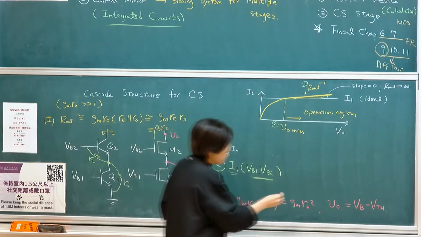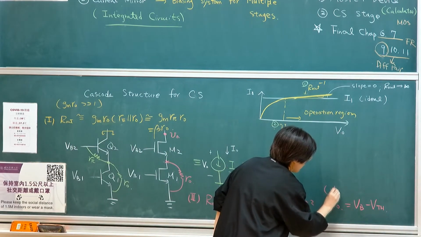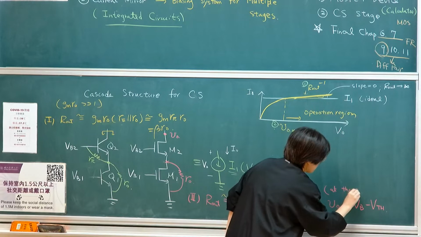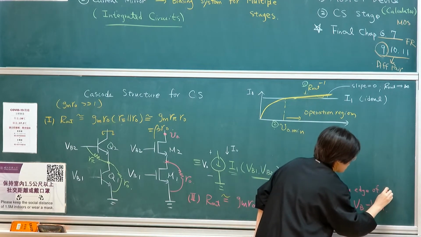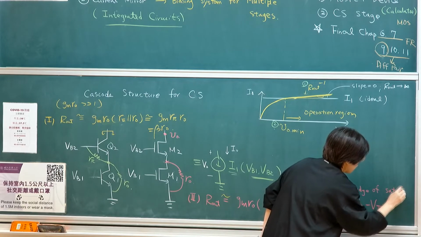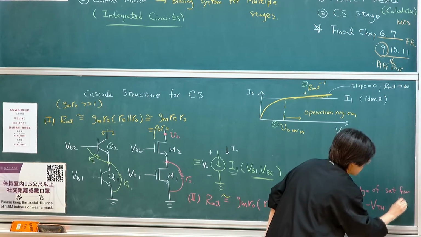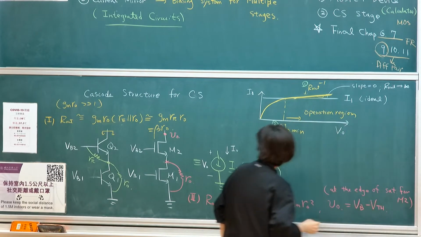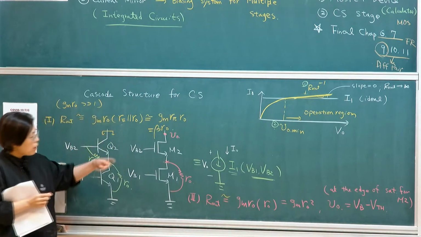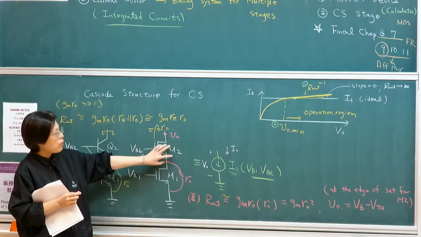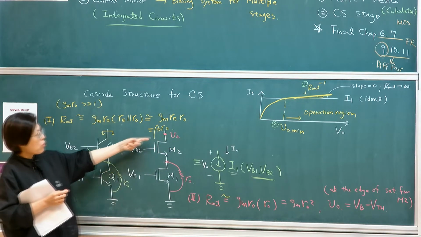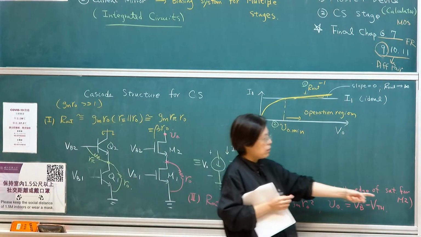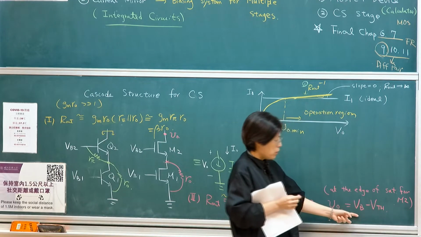Right? This is just set at the edge of saturation for M2. Right? This is because when it goes down further, M2 will then enter the linear region. So at the edge of saturation will be this voltage.